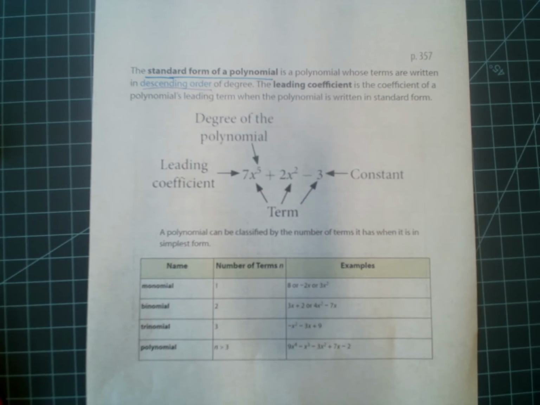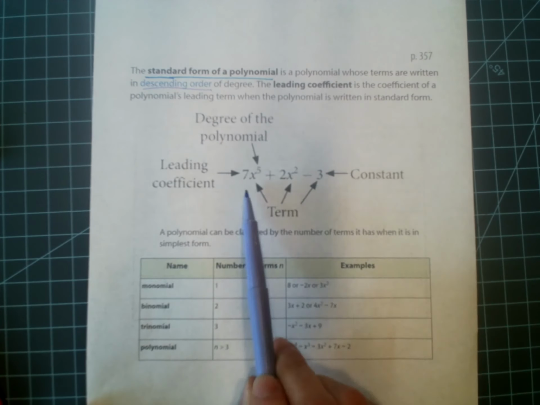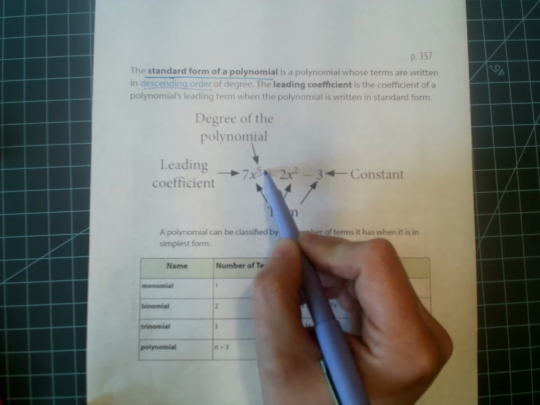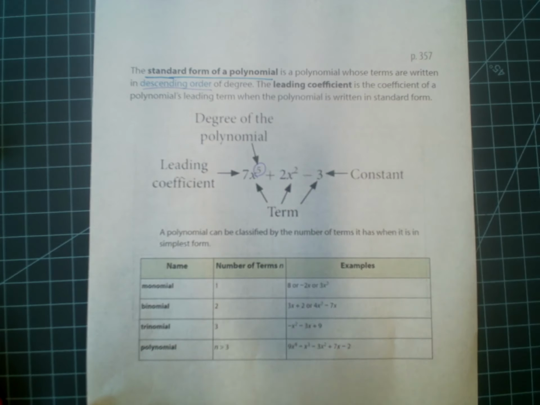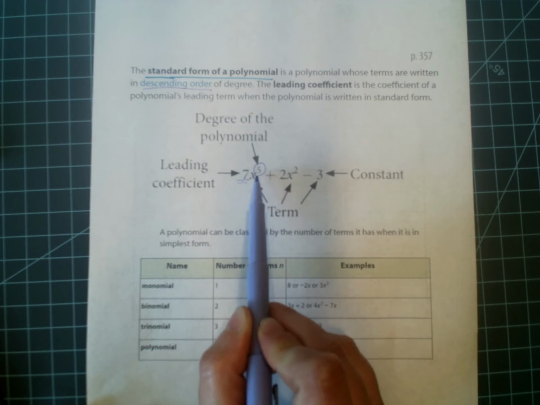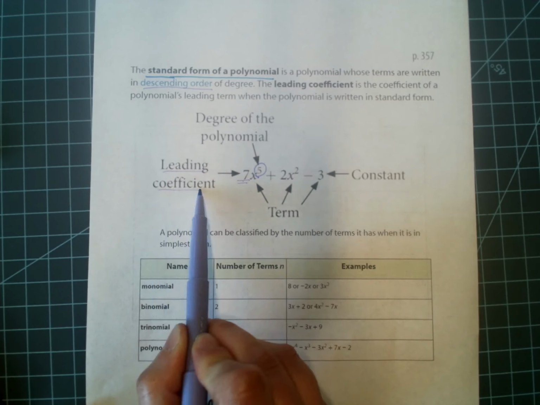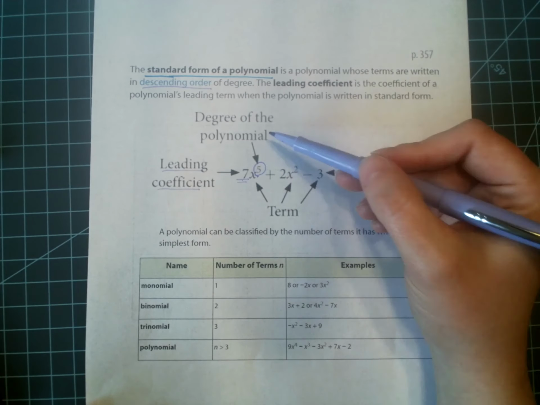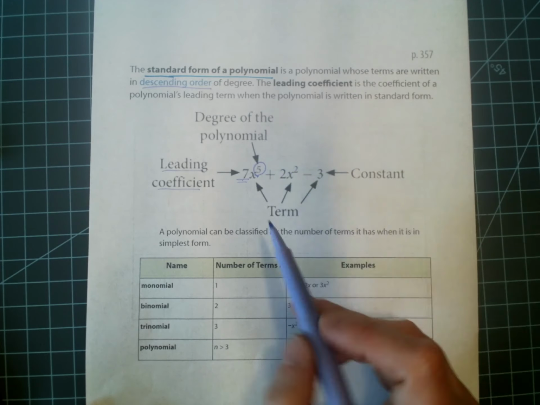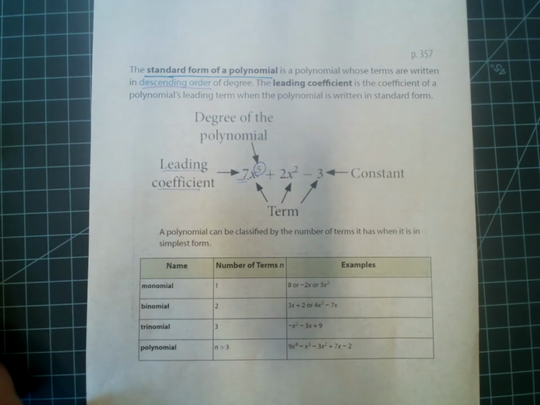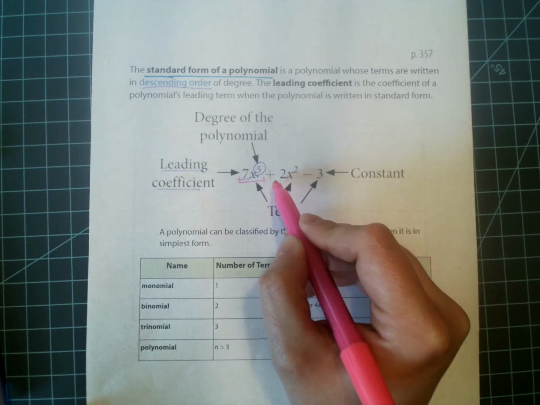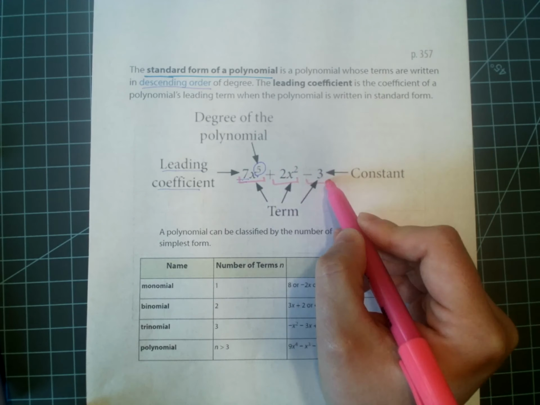In this polynomial, 7x to the fifth plus 2x squared minus 3, the fifth power is the highest one that we have here. So the 7, the coefficient on that highest power, is what we call the leading coefficient. The highest power is the degree of the polynomial, and each one of these pieces is what we call a term. So this polynomial has 1 term, 2 terms, 3 terms.